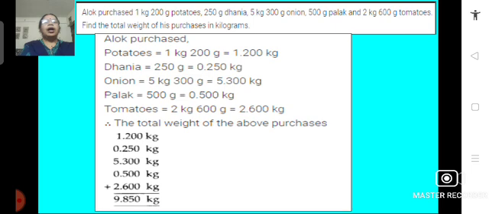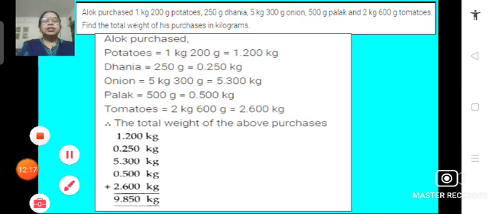Next question. Alok purchased 1 kg 200 grams potatoes, 250 grams dhania, 5 kg 300 grams onions, 500 grams palak and 2 kg 600 grams tomatoes. Find the total weight of his purchases in kilograms. So what we have to do? Whatever purchases he has done, we have to add them.